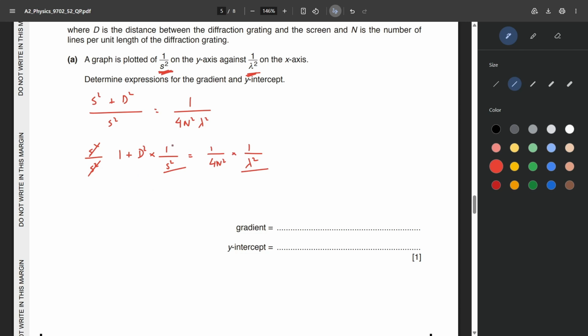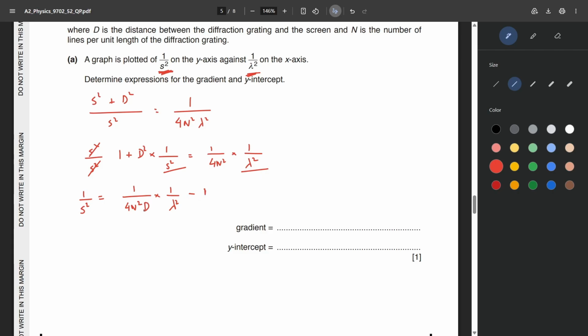Okay, now if we keep 1 over s square on one side of the equation and send everything else to the right side of the equation, it gives us 1 over 4n square times 1 over lambda square minus 1. If we bring d squared to the right side of the equation, we need to divide d square by both of these terms.